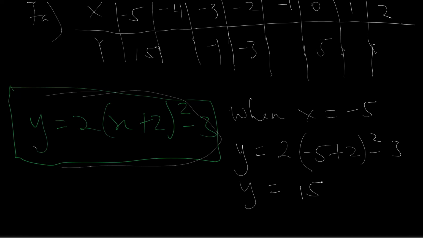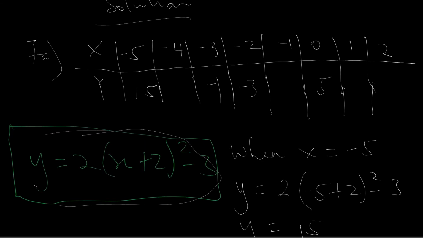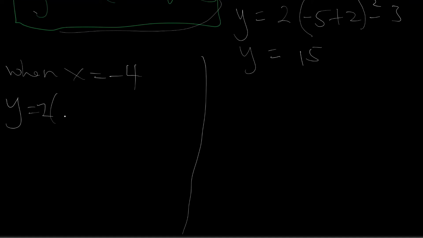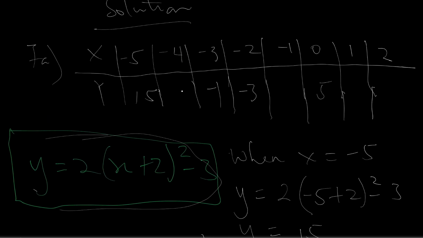Now our next value for x is negative 4. When x is equal to negative 4, y becomes 2 times negative 4 plus 2 squared minus 3. So y becomes 5. So we put 5 here.